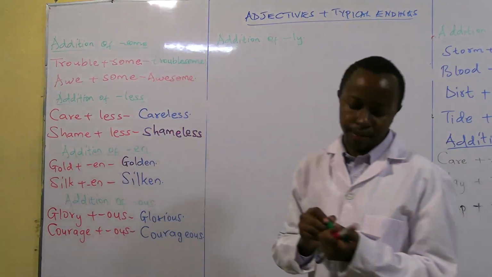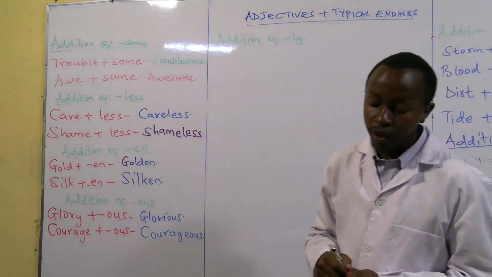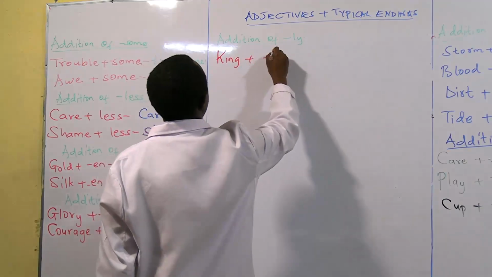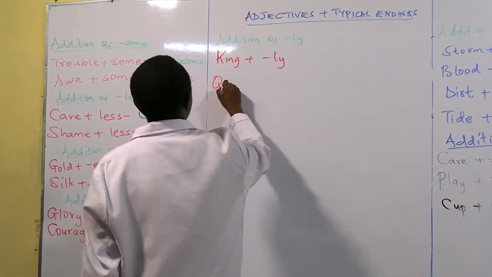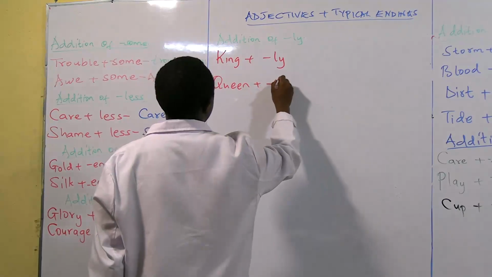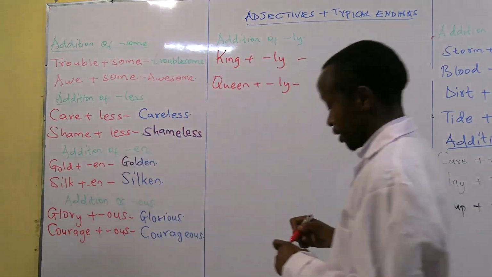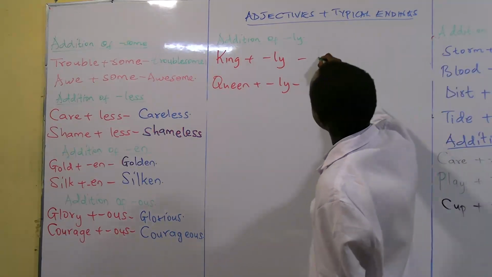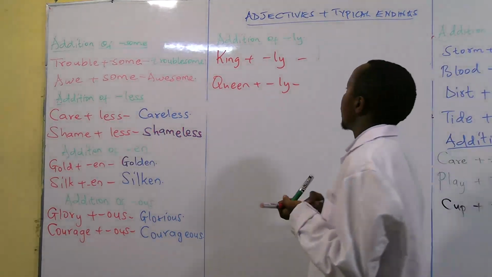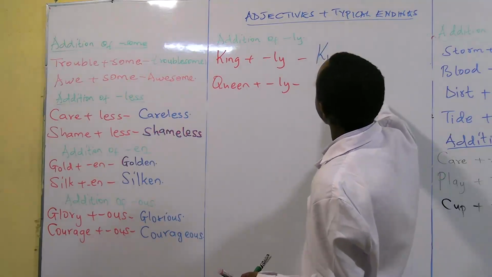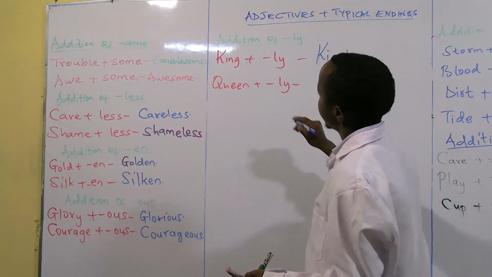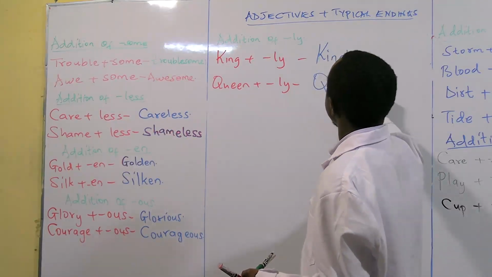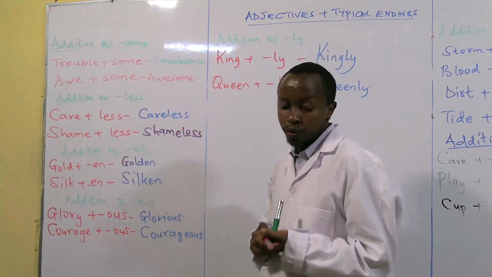When we have addition of ly, for example, we have king plus ly, then queen plus ly. Look at that very closely. King plus ly becomes kingly. Queen plus ly becomes queenly.